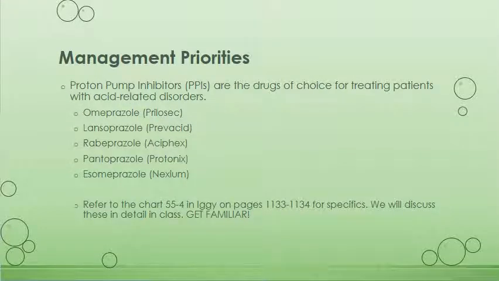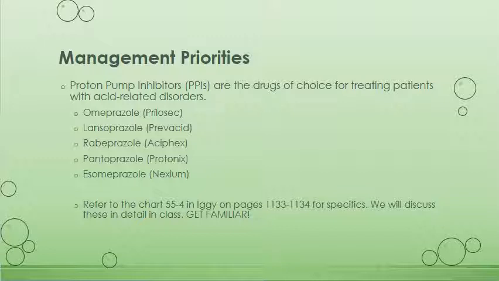Proton pump inhibitors are the drug of choice for treating patients with acid-related disorders. I've just listed 5 different medications here. I'm not going to go into detail about them on these slides. I do refer you to the chart in your textbook on pages 1133 and 1134 for specifics.